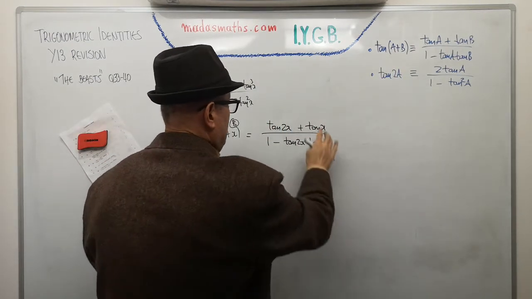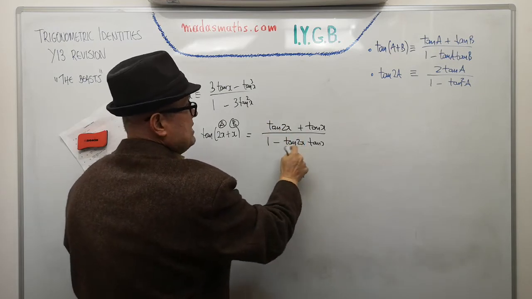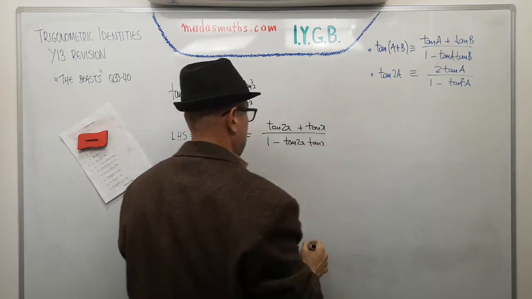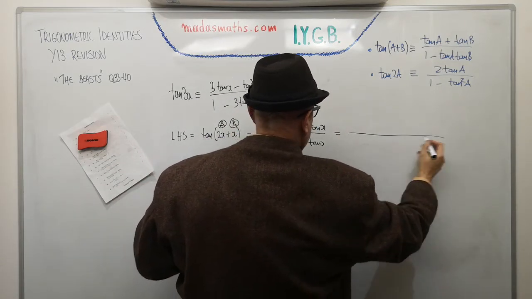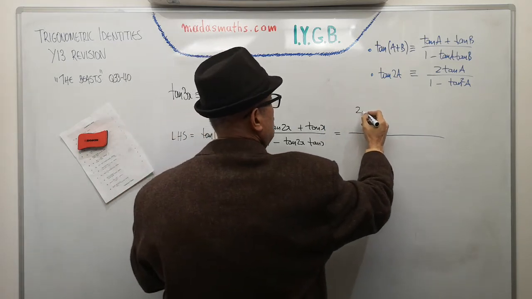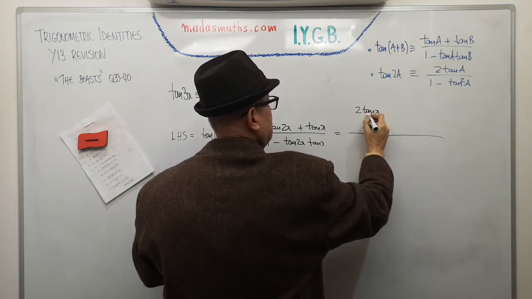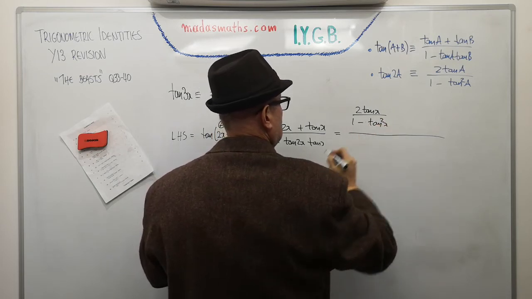I've done nothing different than using this identity. Now within this, I have to use this identity on this term and this term. So, big fraction line, the tan of 2x is 2 tan x over 1 minus tan squared x.